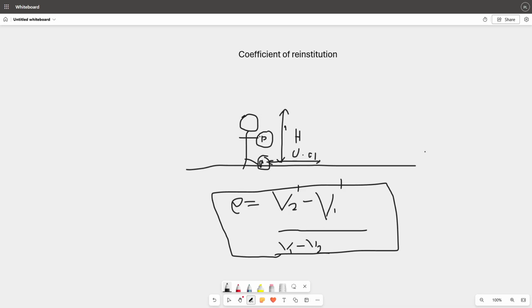This formula is also frequently used when dealing with problems like this. Just put it here, plus m2v2.